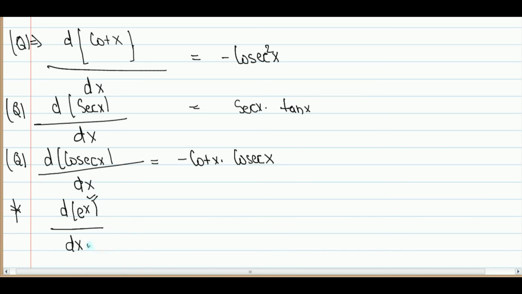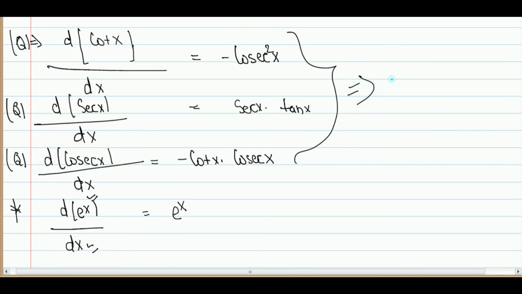So differentiation is happening with respect to x. Okay, in that case the differentiation of e to the power x is equal to e to the power x. Okay, so this is all about the differentiation. We will move to the integration part in the next lecture, and try to solve these 3.